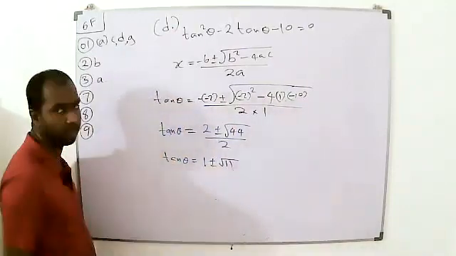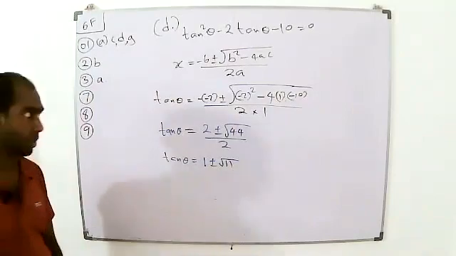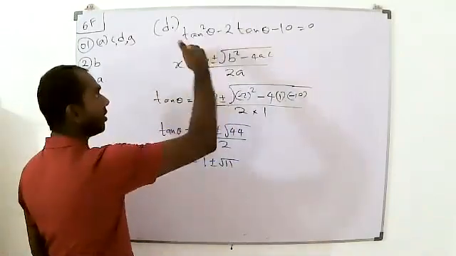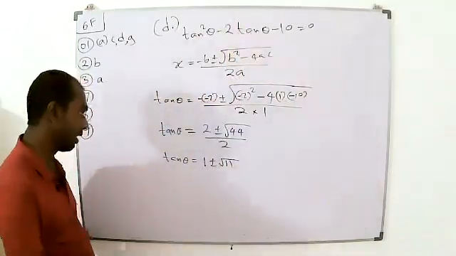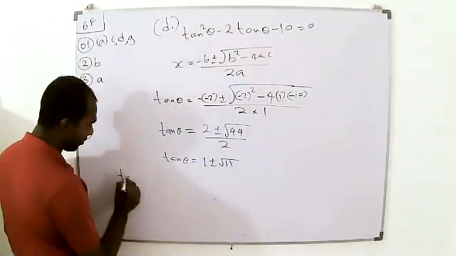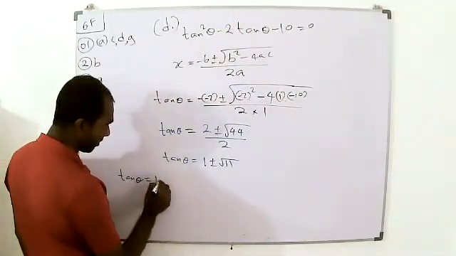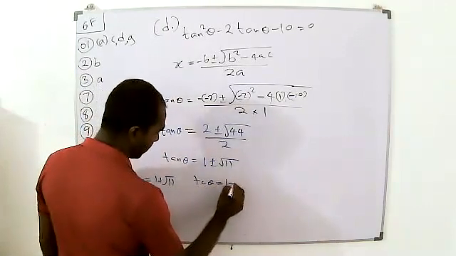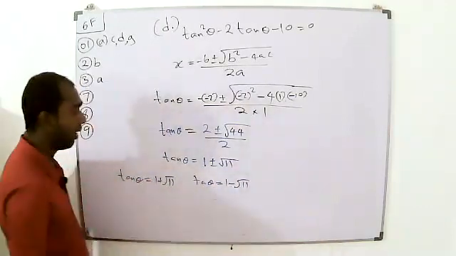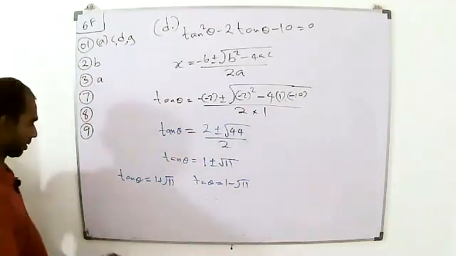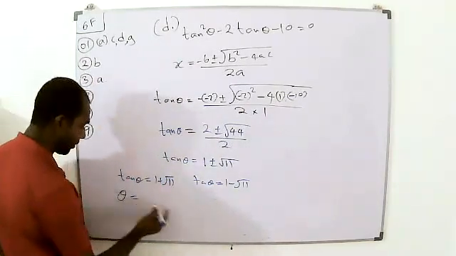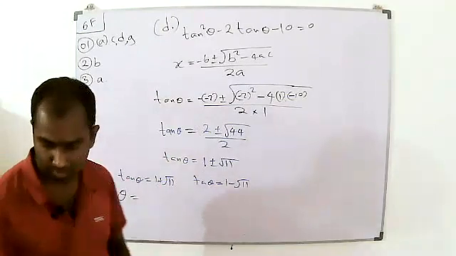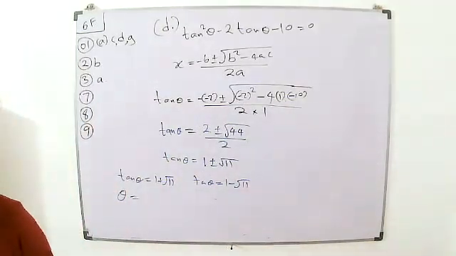So we have two solutions. It should have two solutions. Why? It's a quadratic equation. So either tan theta equals 1 plus square root 11, or tan theta equals 1 minus square root 11. Now using the calculator, you can find the two values for this. Find those two values. How much?